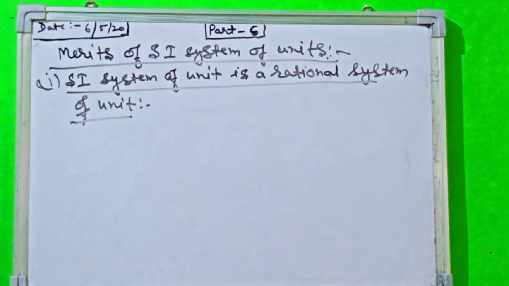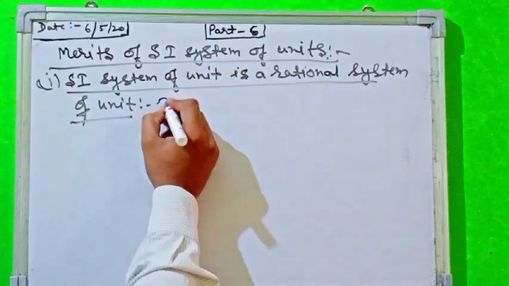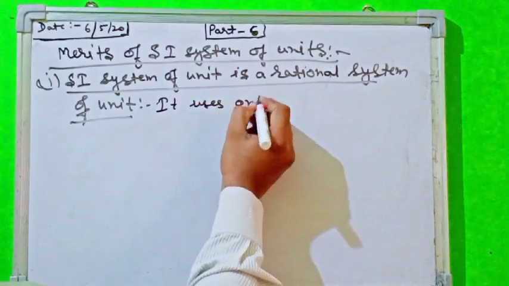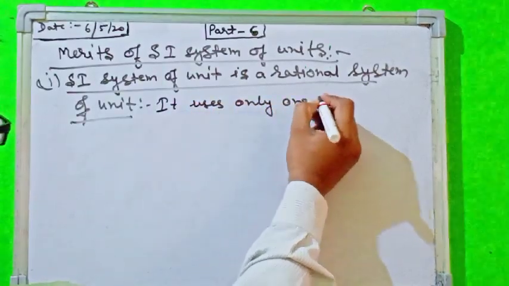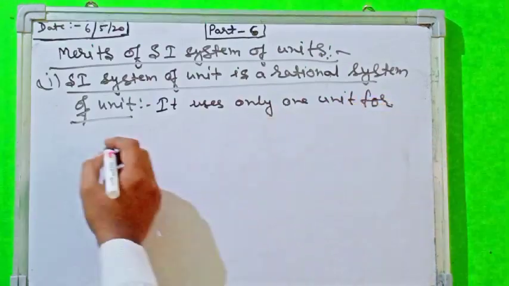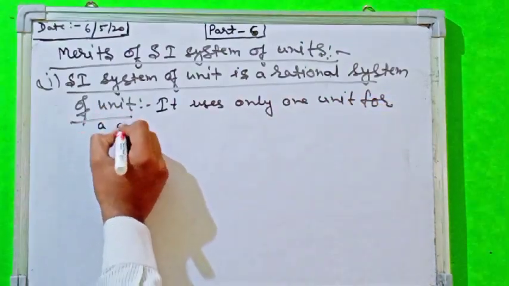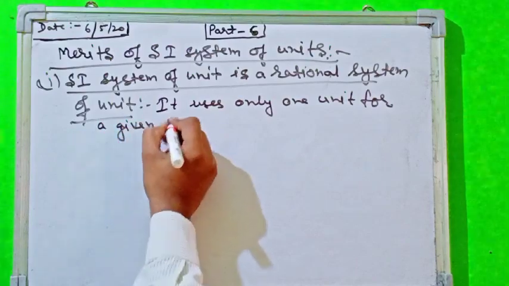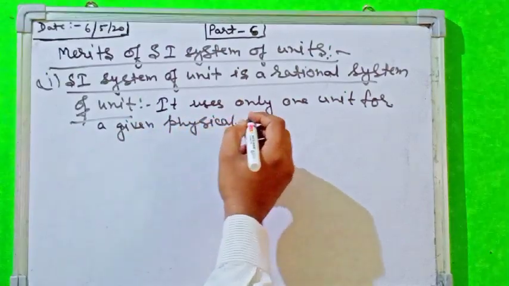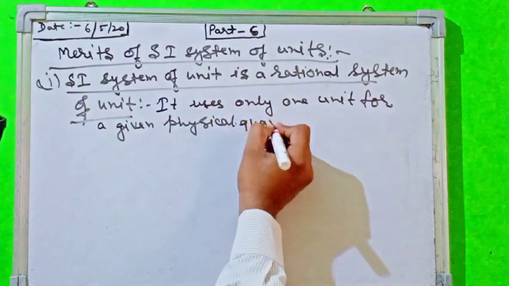So write it down. It uses only one unit for a given physical quantity.